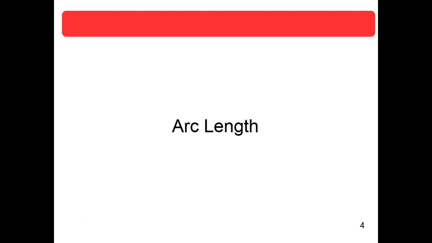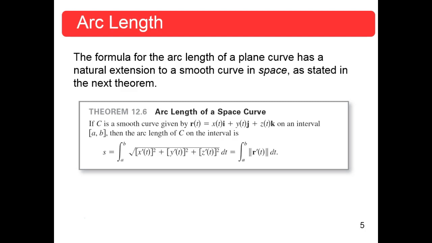Okay, so let's first look at the concept of arc length. The formula for the arc length of a plane curve has a natural extension to a smooth curve in space, as stated in this theorem here, Theorem 12.6. Now, in the text, you had a little bit of a precursor that went before this.